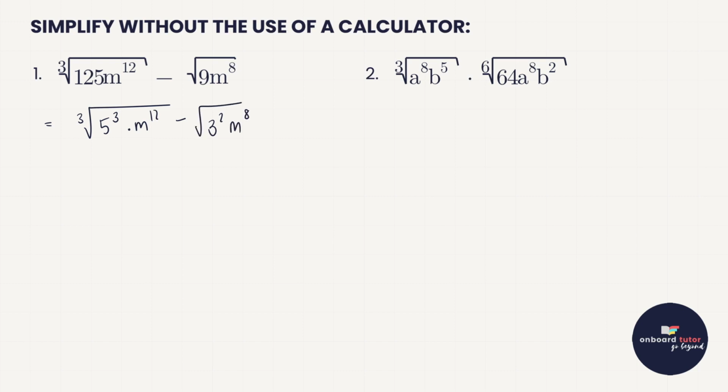Okay, we are dealing here with a cube root and a square root. So when I want to write these numbers outside of the roots, I'm going to apply the rule that says you take the base and you take the inside power divided by the outside root. And then I'm going to do the same thing with the base of m, the inside power divided by the outside root.